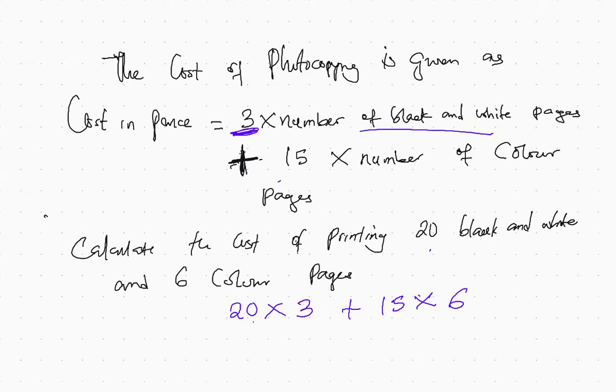That gives you 60p plus 90p, which gives you 150p, or £1.50. So it's 150.